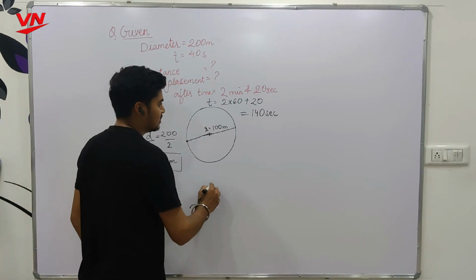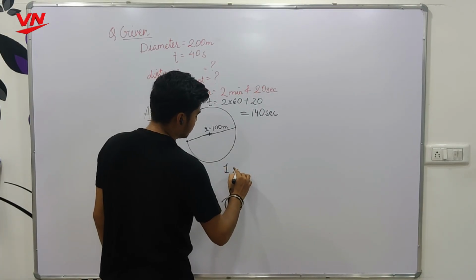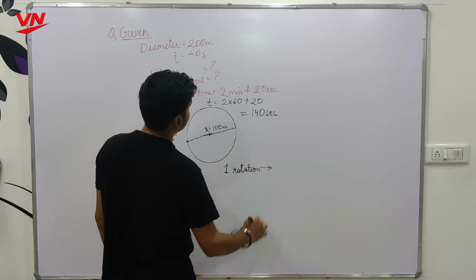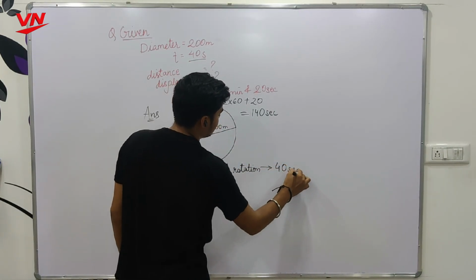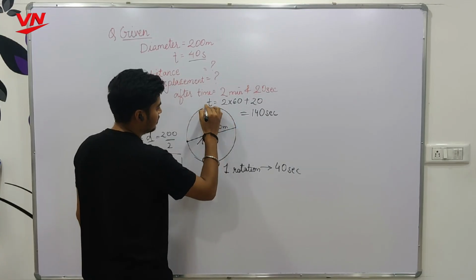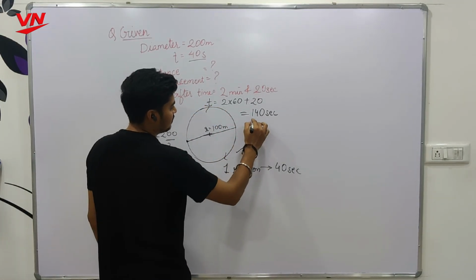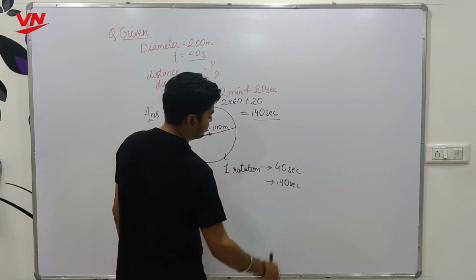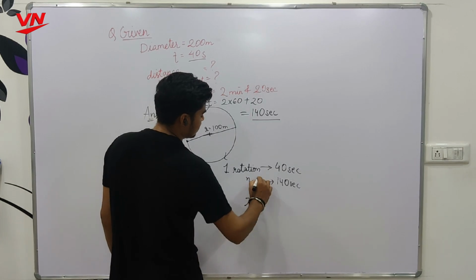As it says in the question, for completing one rotation it is taking how much time? 40 seconds. So in 40 seconds the object will be here again, but where will it be after 140 seconds? We have to calculate the position or the number of rotations. I will take it as n.